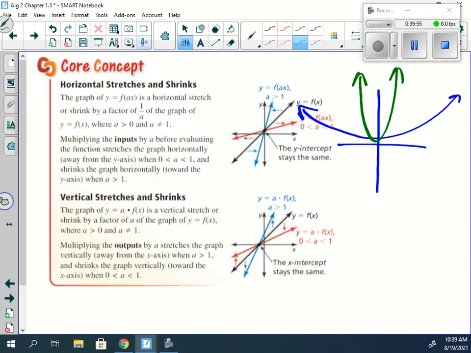Because as we saw with reflection in the y-axis, it only really affected the variable x and anything connected directly to it, multiplying by it. Anything addition and subtraction, it didn't touch. So here, when we have f of a times x, that a times x, just like negative x, is really only going to affect that variable. Now, when we look at vertical stretch or shrink, y equals a times f of x.